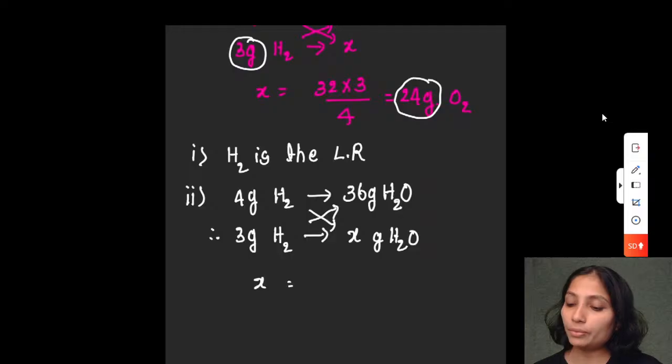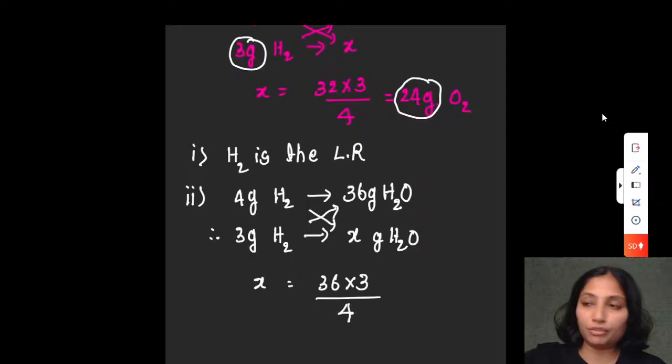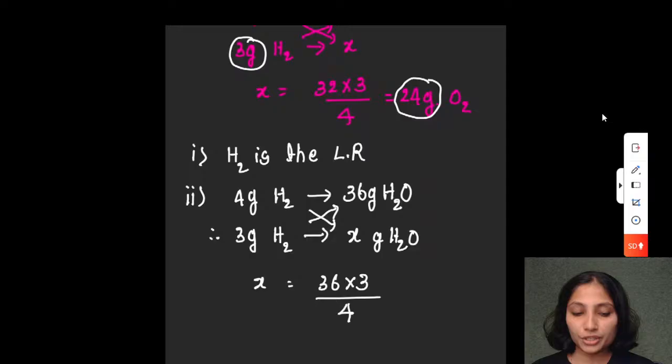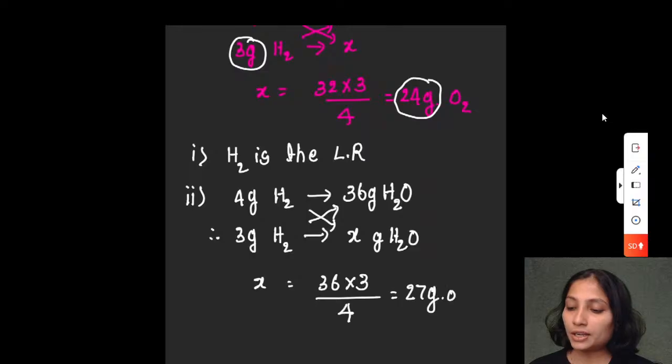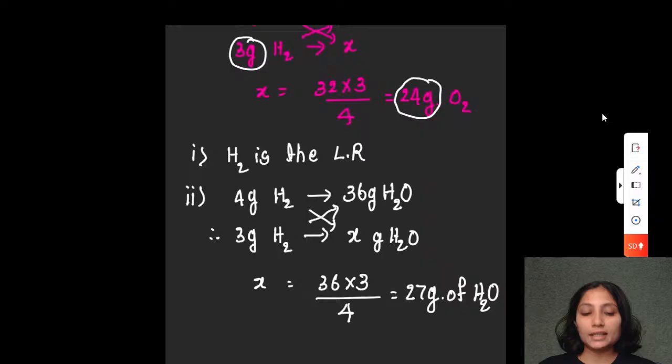X is equal to 36 into 3 divided by 4, which is nothing but 27 gram. 27 gram of H2O is formed. Is it clear? So H2O formed is 27 gram. Always, product formed depends on the limiting reagent.